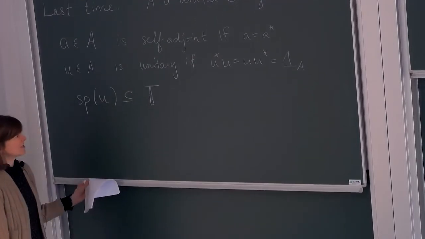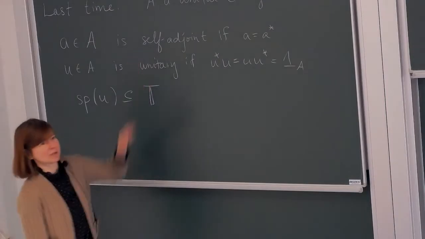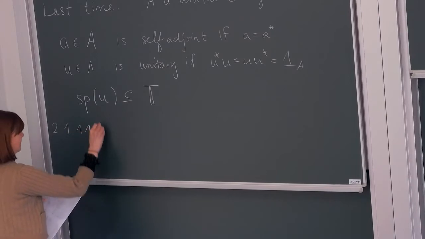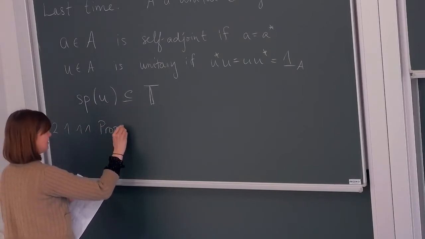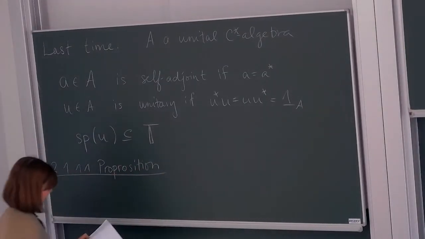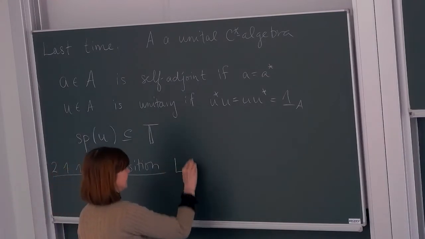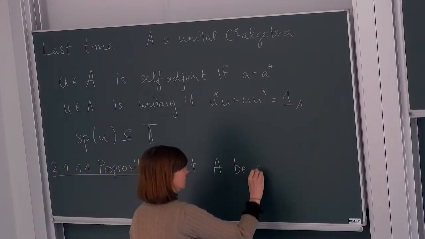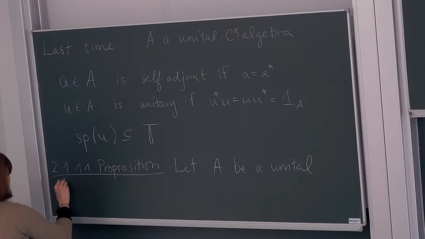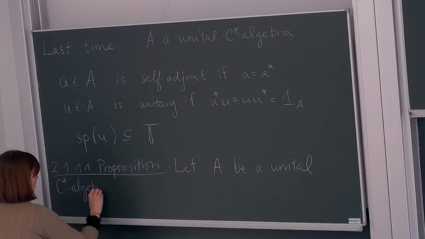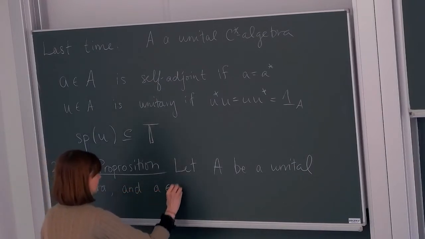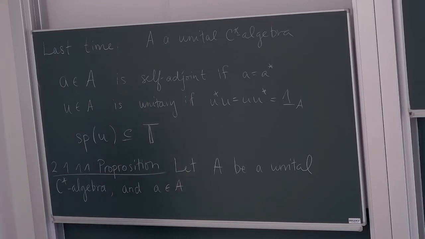Okay, so this will actually allow us to say something about the spectrum of self-adjoint elements. So, 2.1.11. First, we need the following. Take a unital C-star algebra and an element A, not necessarily self-adjoint or anything special like that.